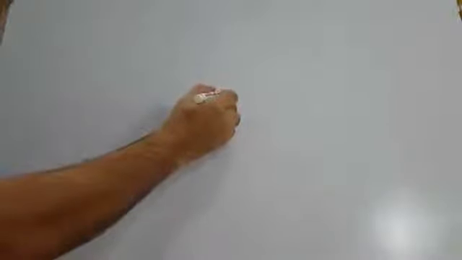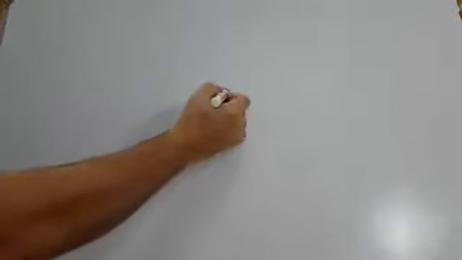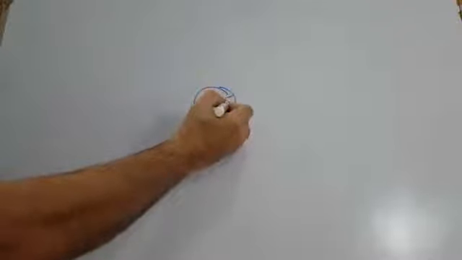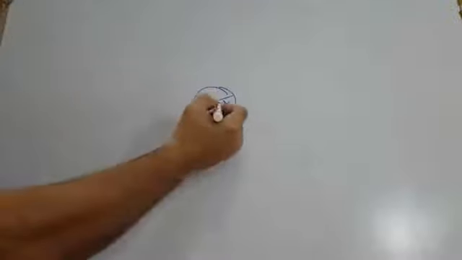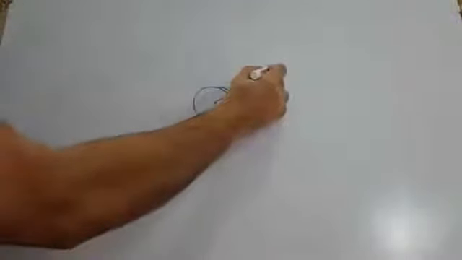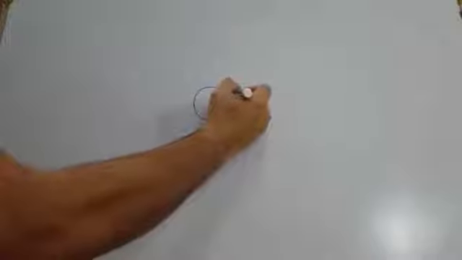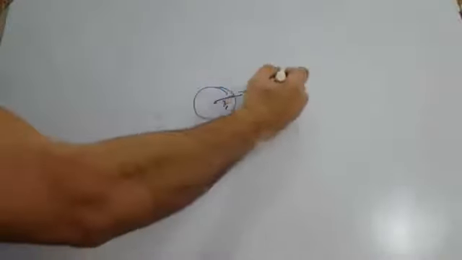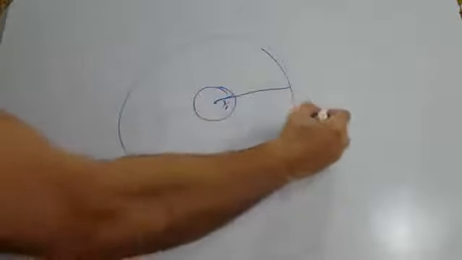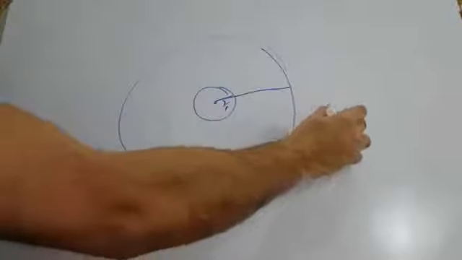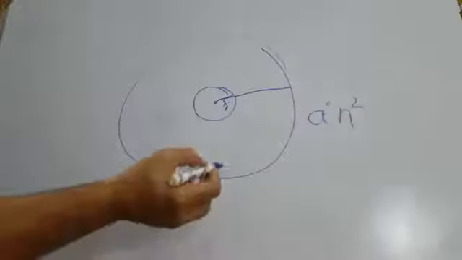These equations show what? That this is the hydrogen atom, this is R1. According to the equation, if it goes to R2, then R2 should be A0 into n square.